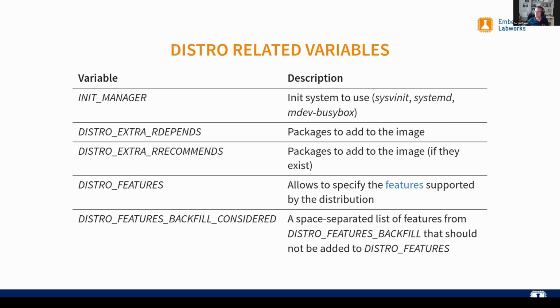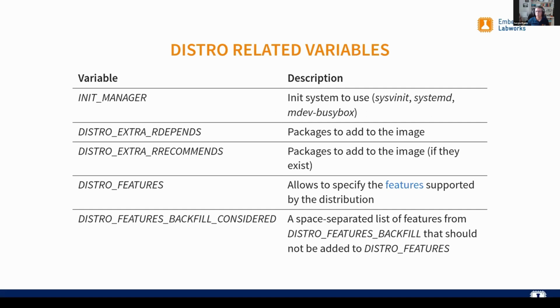Those are a few variables that can be used at the distribution level to change or include packages, right? That can cause the inclusion of packages in the image. I will not go over all of those variables. Of course, you can check the slides later or check the documentation.